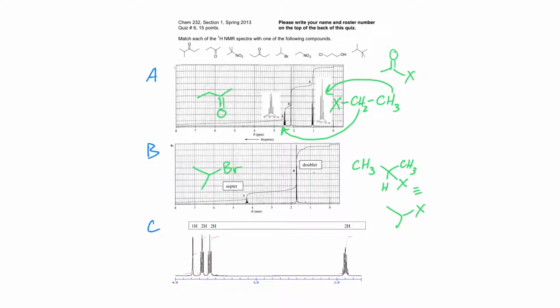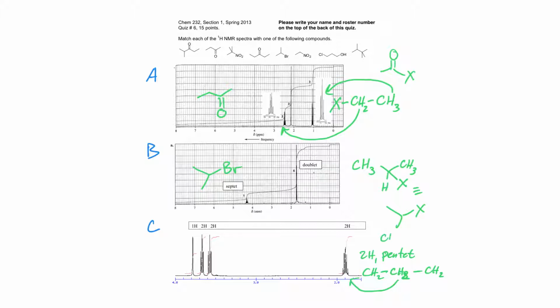We have 4 types of hydrogens present, and the signal at 1.9 ppm looks like it has 5 signals in it. So this is a 2-hydrogen pentet, which means I have 2 hydrogens that are next to 4 hydrogens. So one possibility would be a CH2 that is next to 2 CH2s.